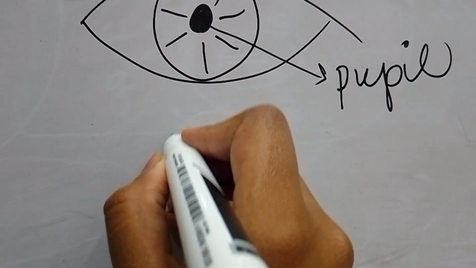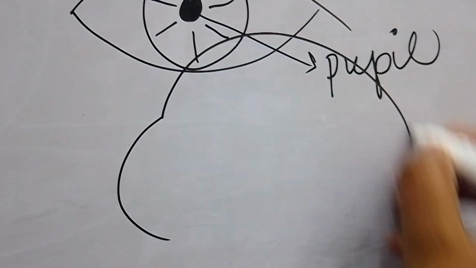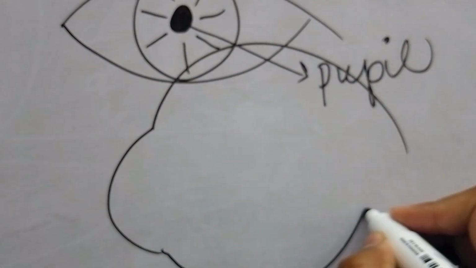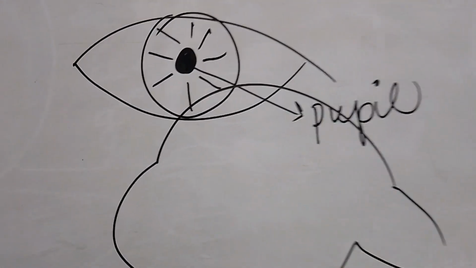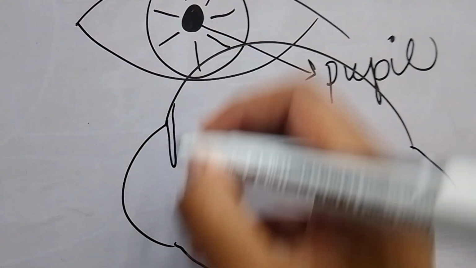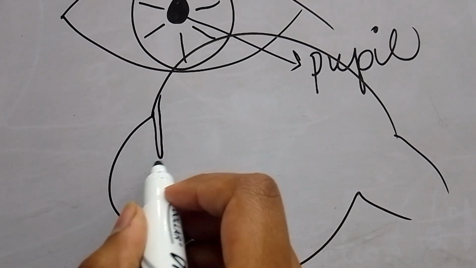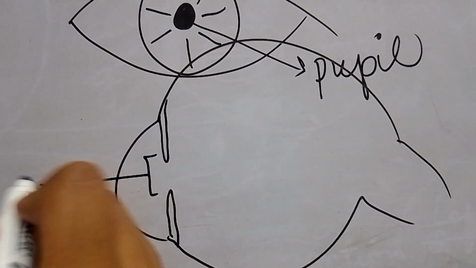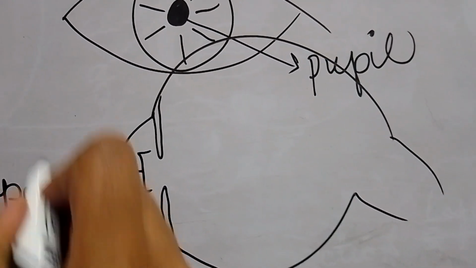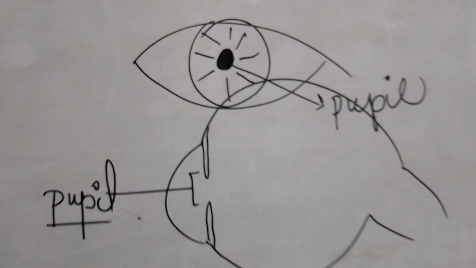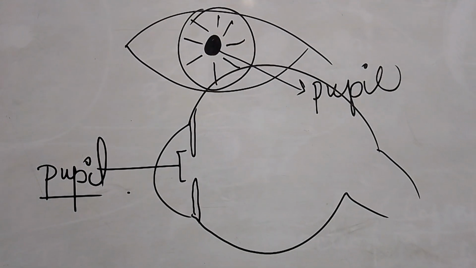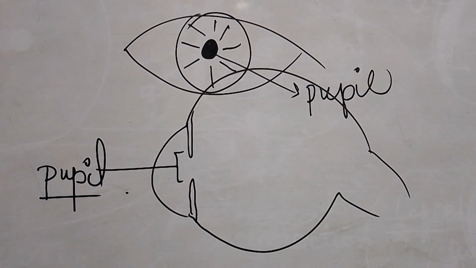and if I'll view it from the side, okay. So here is the iris, and this hollow space is the pupil. And what is the function of the pupil? It regulates the amount of light that enters the eye, right?